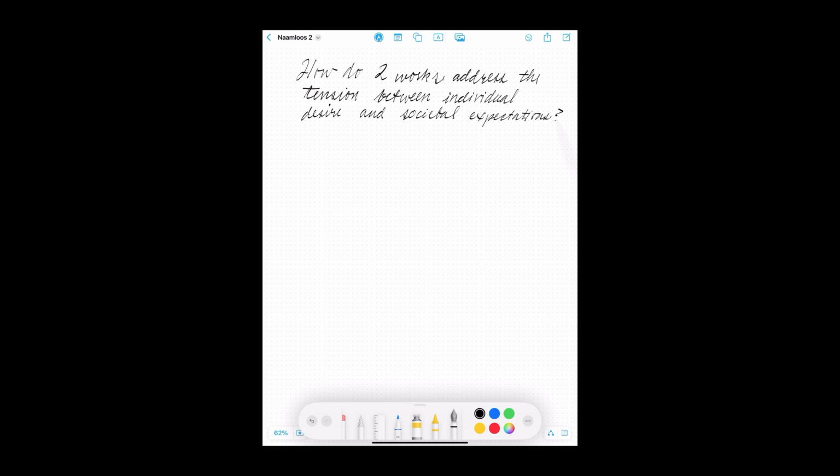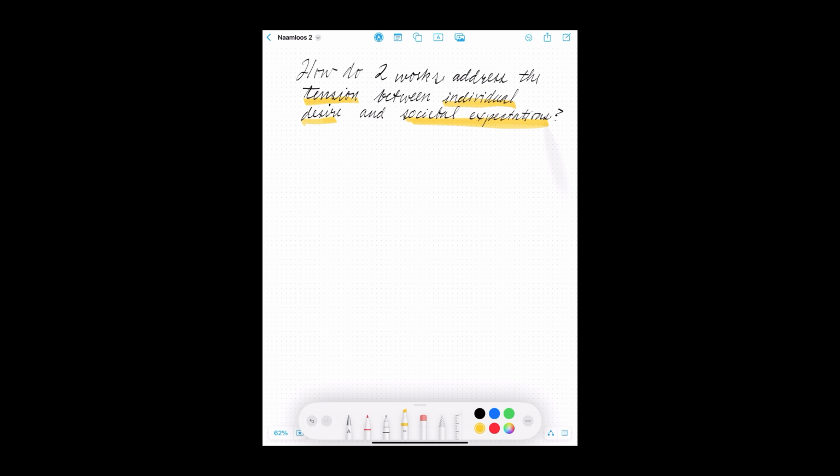So I'm going to look at this question and I can see immediately that there are some things that I really have to kind of like focus on here. Because if we look at what we need to focus on, we can see that we have to focus on the tension between individual desire and societal expectations.